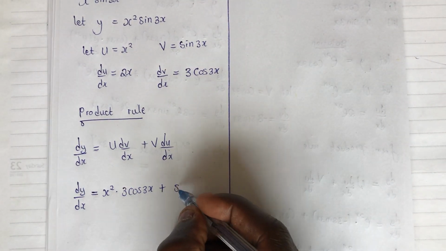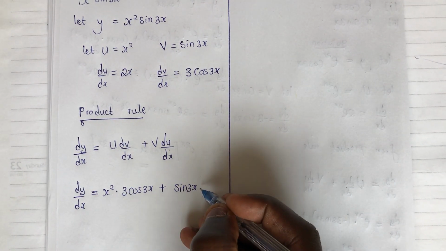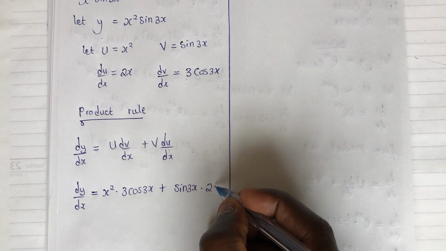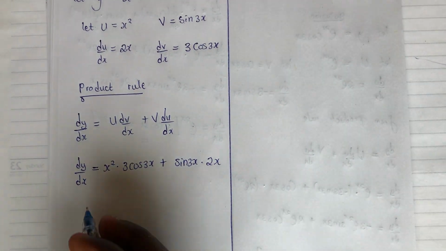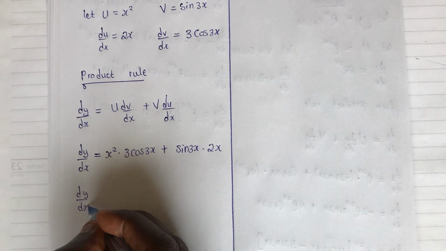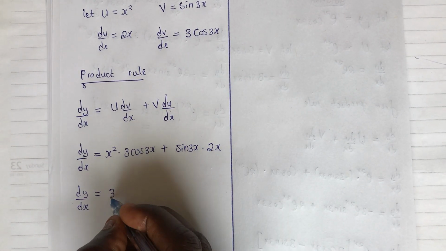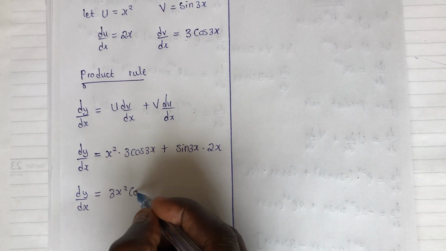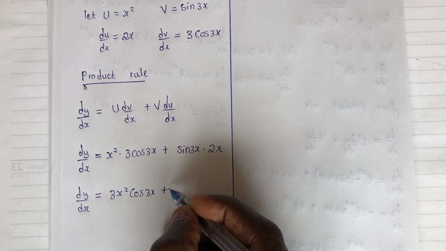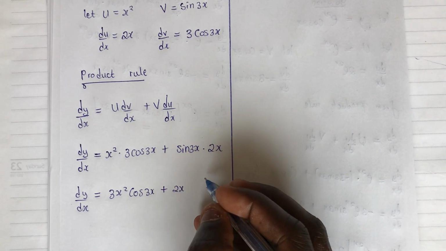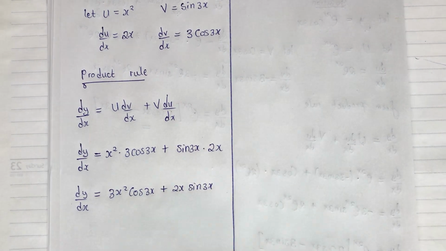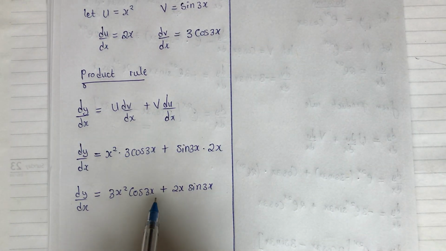Sine 3x, multiplying what is du/dx, which is 2x. So now I have my dy/dx giving me 3x squared cos 3x plus 2x sine 3x. So now this can be your final answer.